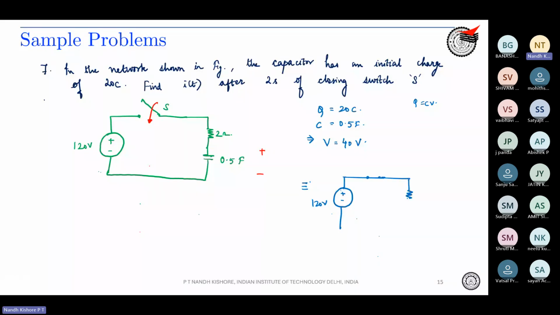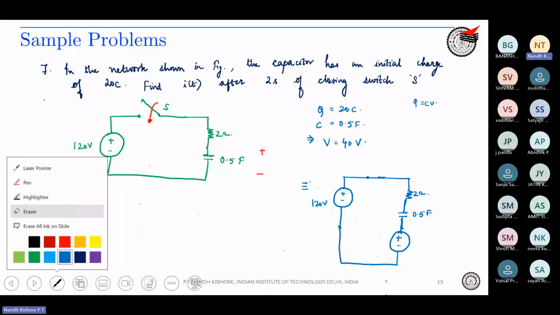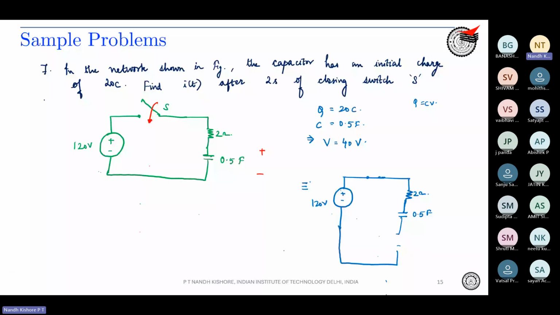There is a 2 ohm resistor, the capacitor 0.5 farad, and there is also a voltage across it, 40 volts.